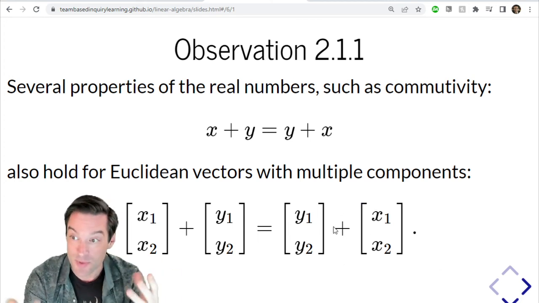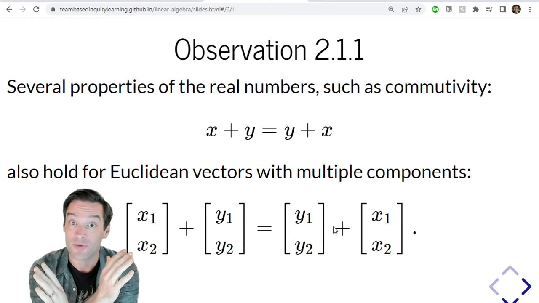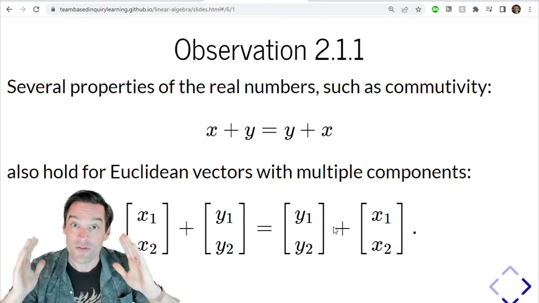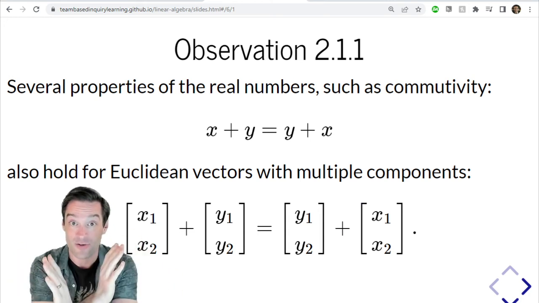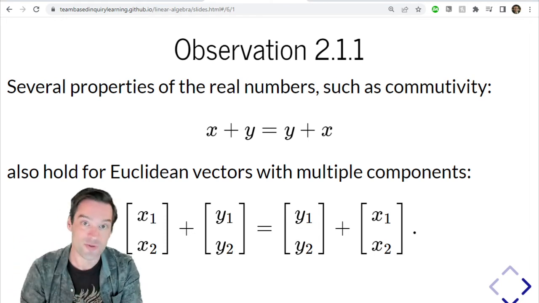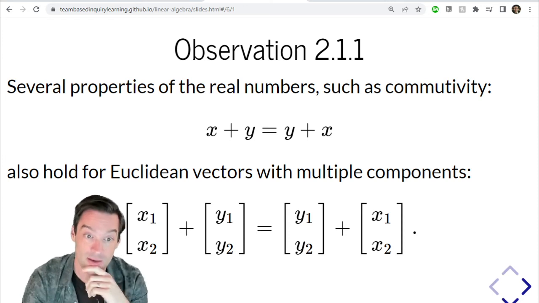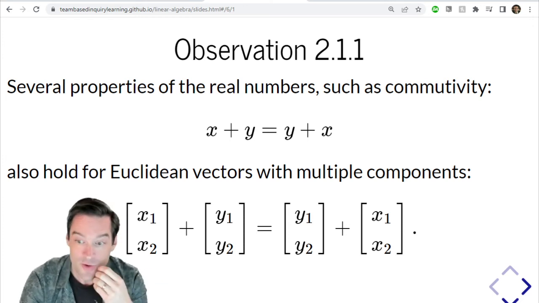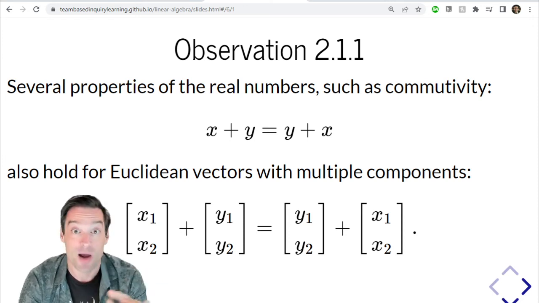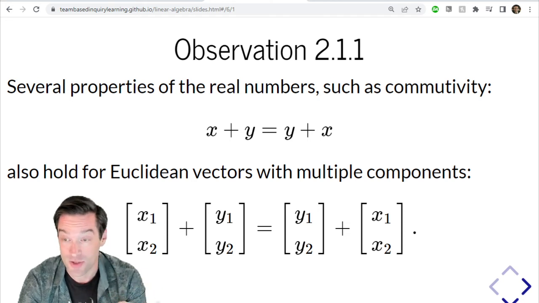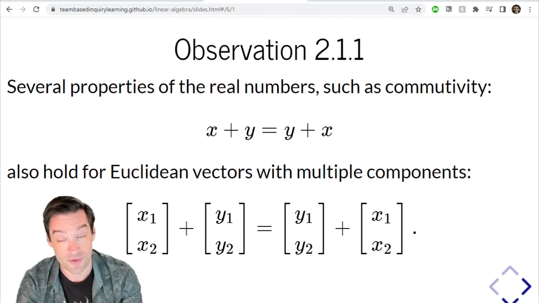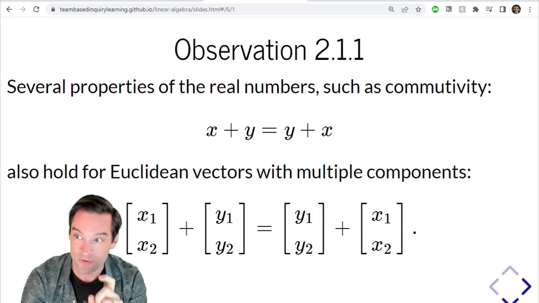That means that the commutativity that exists for adding real numbers becomes commutativity for addition of Euclidean vectors, because the components are just real numbers and the addition is the commutative addition that exists for real numbers. So some of the algebraic properties, like the commutative property of addition, because it's true for real numbers, end up also being true for vectors.